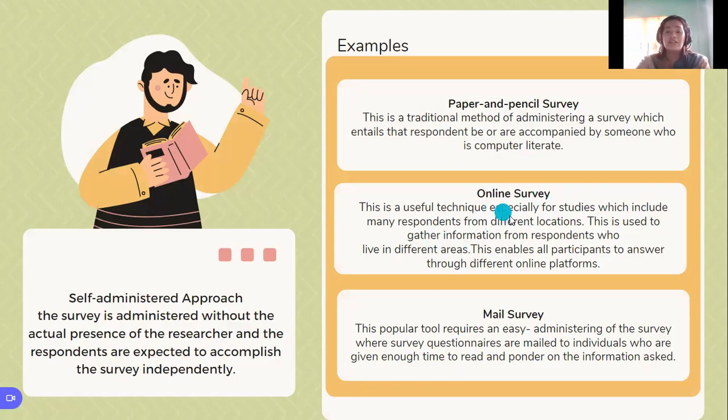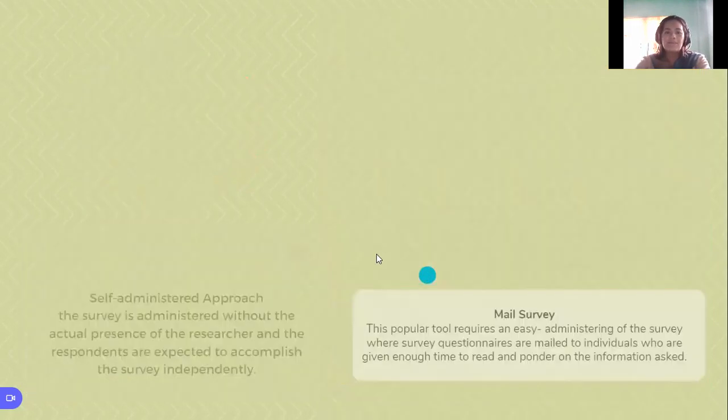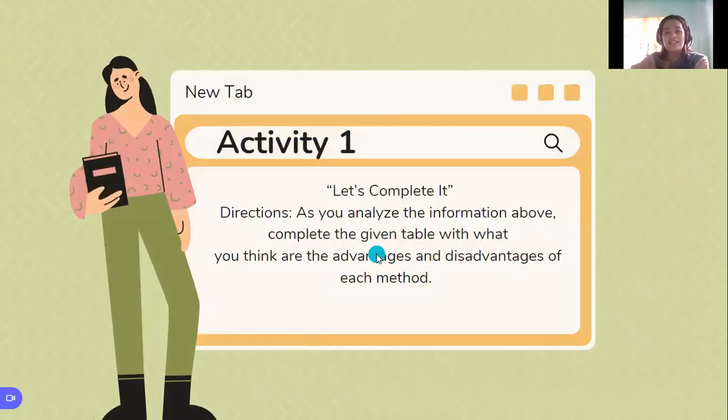For online survey, it's easier right now, since as soon as you've sent it and the respondents answer immediately, you can already gather the information. Very timely.